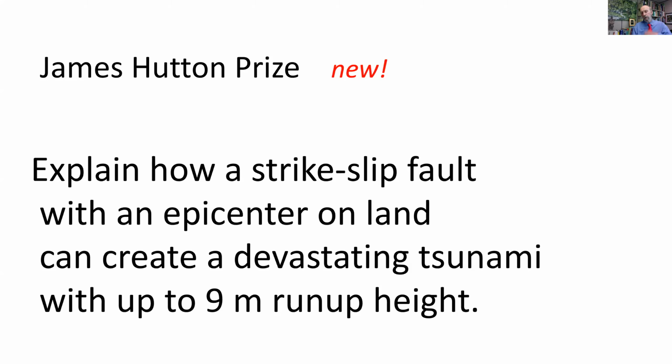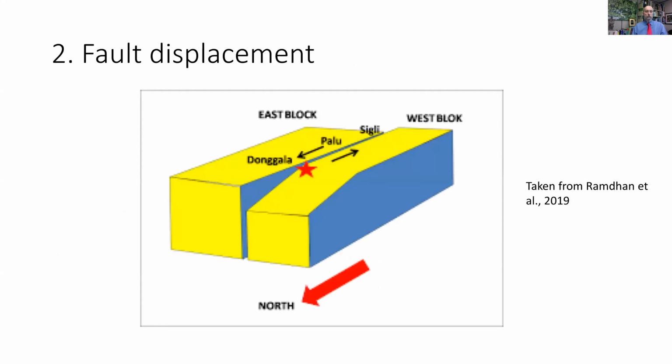You need to think about this and form your own hypotheses. Of course, one hypothesis is that there is some bathymetry beneath the Palu Bay, and when the strike-slip fault moves, it moves the water because of the particular geometry beneath the water surface.